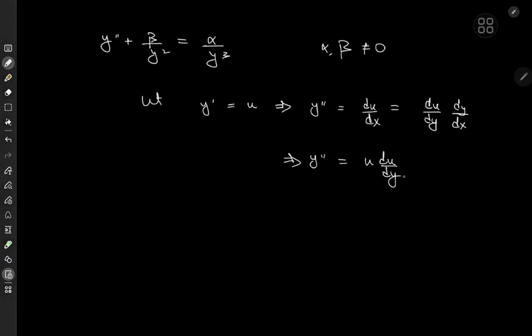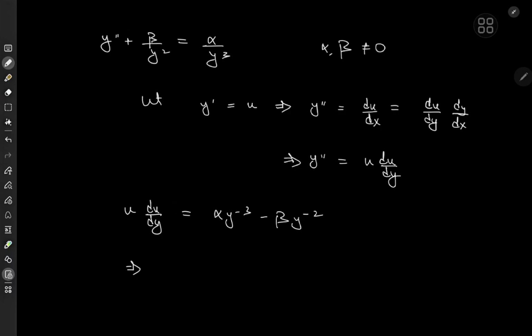So our new differential equation is u times du over dy equal to alpha times y to the minus 3 minus beta times y to the minus 2, which is clearly a separable differential equation in u and y.